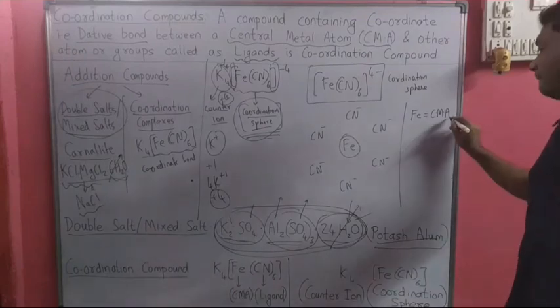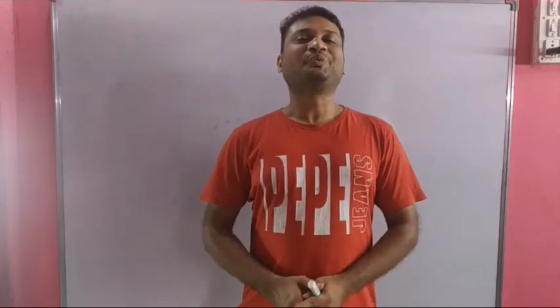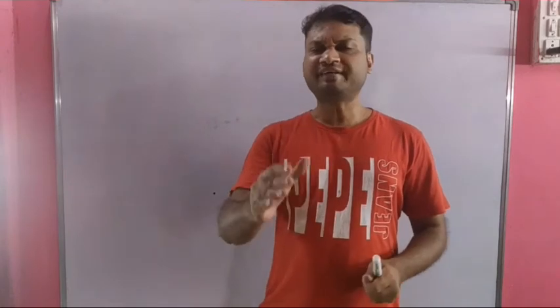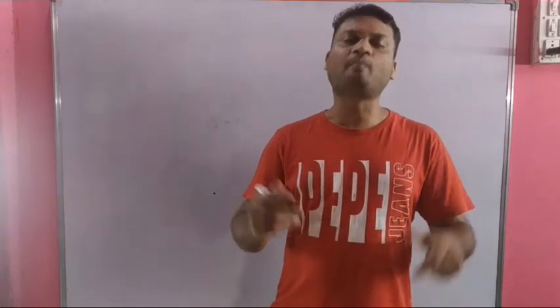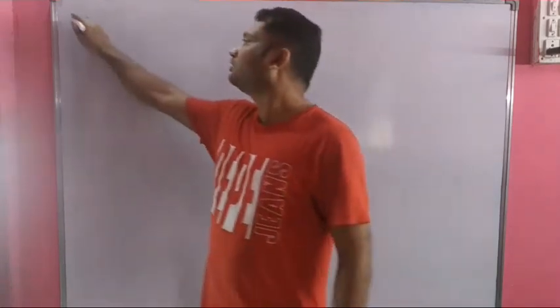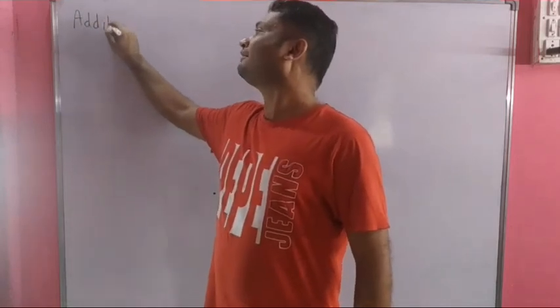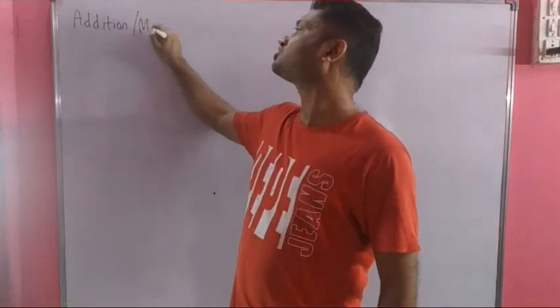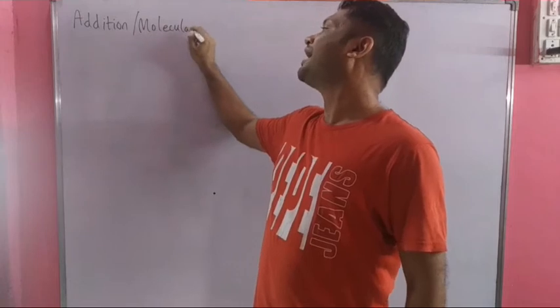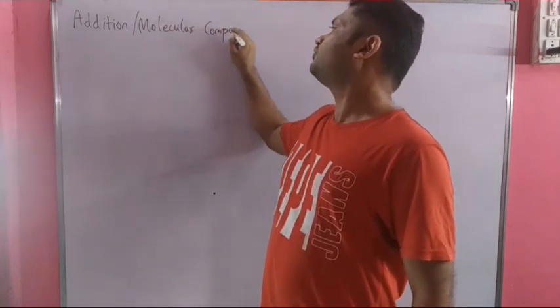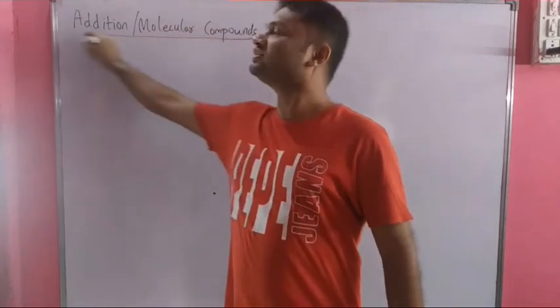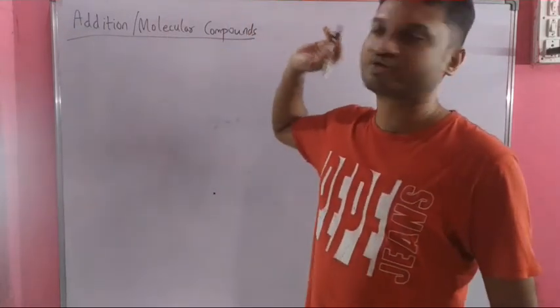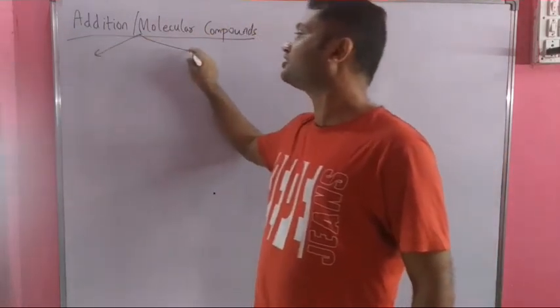Welcome back, friends. In the previous section we were discussing addition or molecular compounds. So let me write the topic which we are discussing, addition or molecular compounds. We had classified these addition and molecular compounds into two classifications.